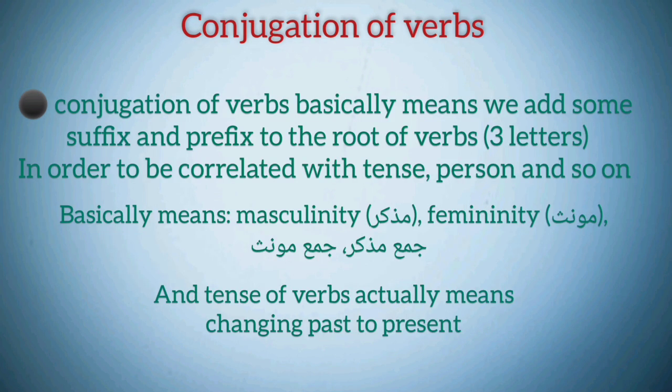As I said, conjugation of verbs basically means we do some changes in the verbs, we add some suffix and prefix to the roots of verbs in order to be correlated with the tense, person, and so on. Like femininity or masculinity or جمع مذكر or جمع مؤنث, plural or singular. And we change the past tense to present tense with this conjugation, with this suffix and prefix.